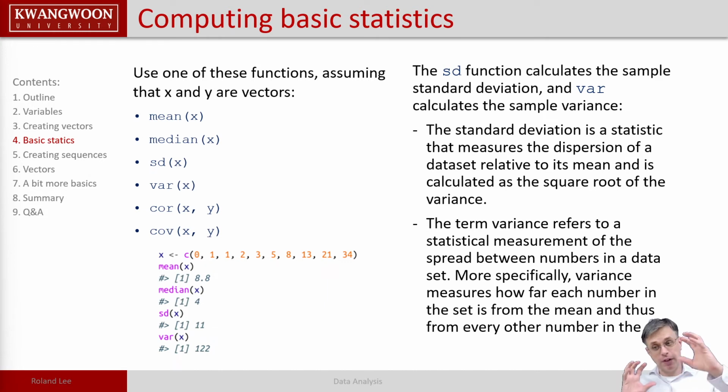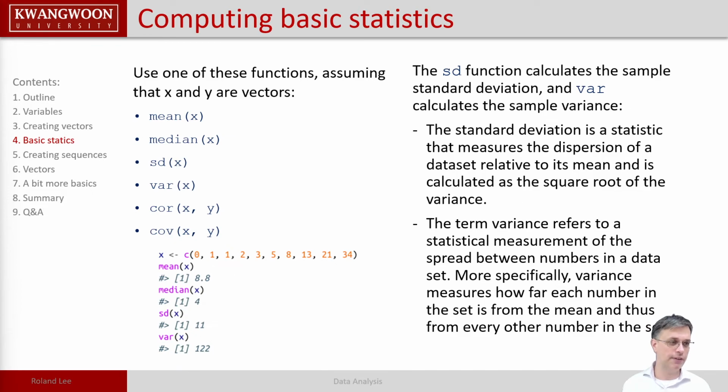More specifically, variance measures how far each number is from the mean in the data set, and thus from every other number in the set. So how far are these numbers from each other? That's the variance. That's why we get a high number. And from that, if we take the square root, we get the standard deviation.